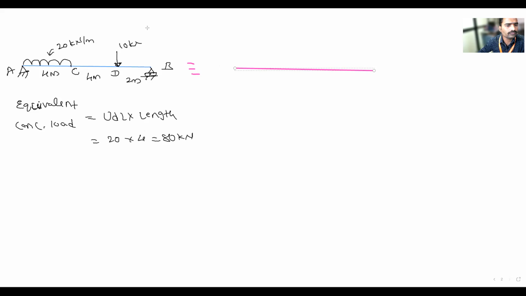Next, from this point to this point it is 2 meter. Again from this point to this point it is 2 meter. Then again from this point to this point it is 4 meter and remaining is 2 meter. Okay, how many reactions are there? It is a hinge support. How many reactions? Two.